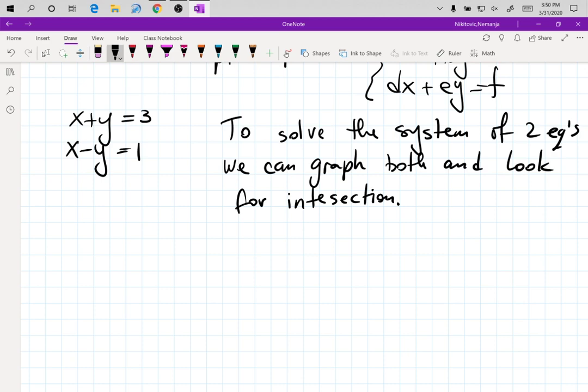Right, so intersection, and if you get an intersecting point, that means it's a solution. If you're unable to figure out the point, then it could also be infinitely many solutions, or it could be no solution at all.